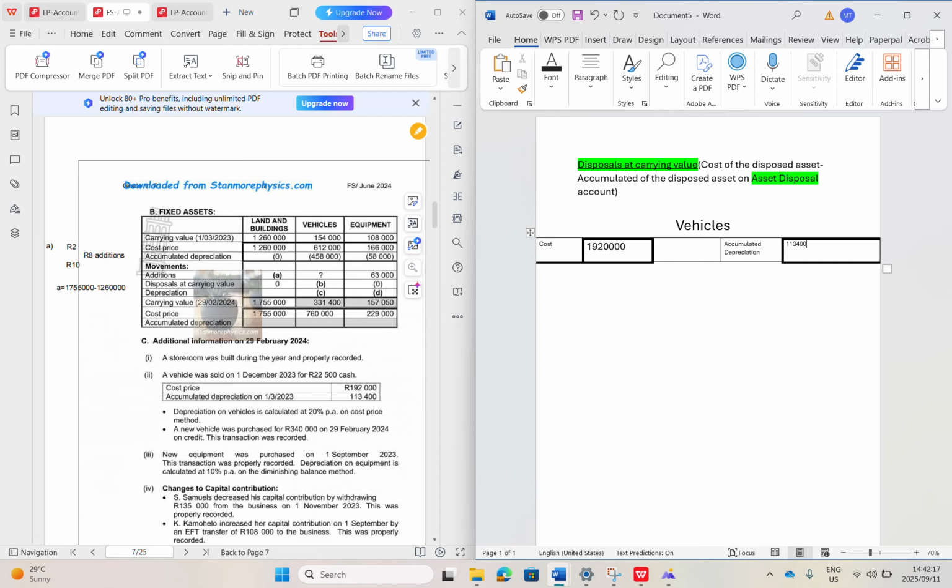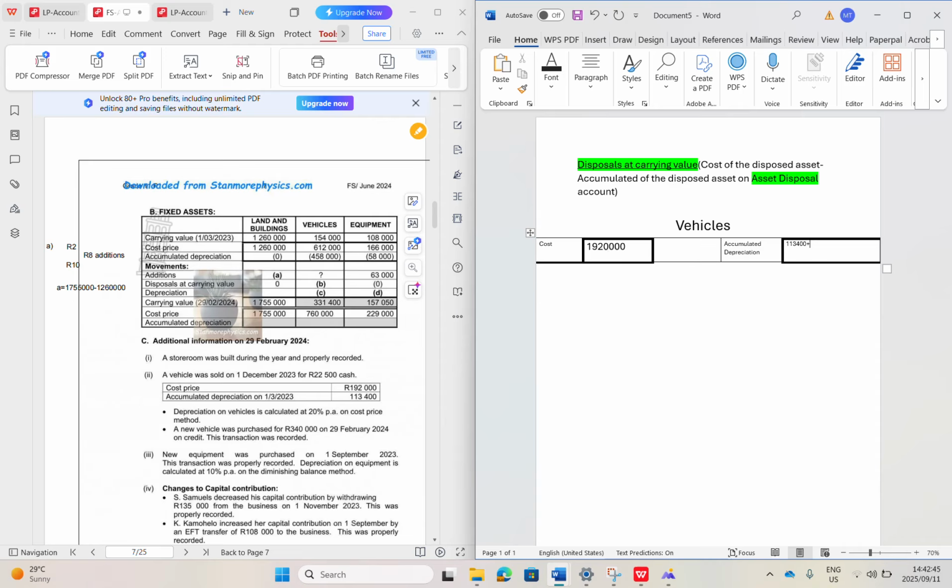So it's not up to this date, it is up to this date. If you can differentiate between the wording, how they tell you what to know, you are done. We need to calculate the accumulated depreciation up to the date of sale, but we currently have it up to the 1st of March 2023.